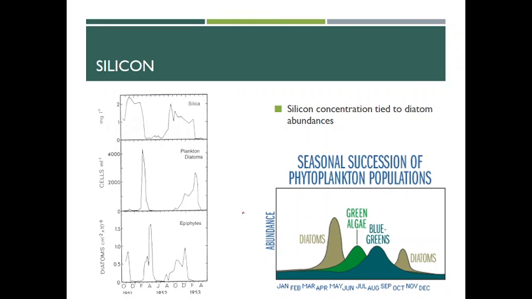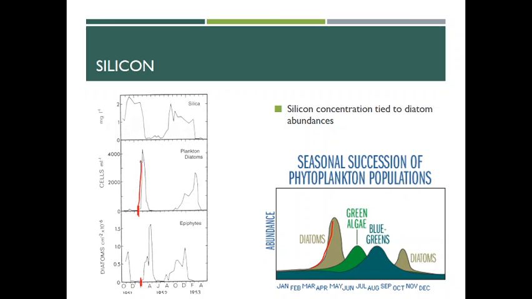Okay, so if you look at a seasonal succession of phytoplankton, what you see is real early diatoms increase very greatly. And you can see that this is October, December, February. This is essentially winter, and what you see is a pretty early bloom of these diatoms.